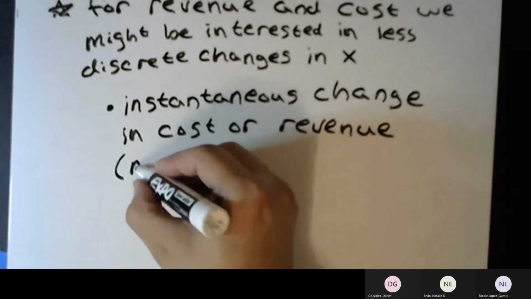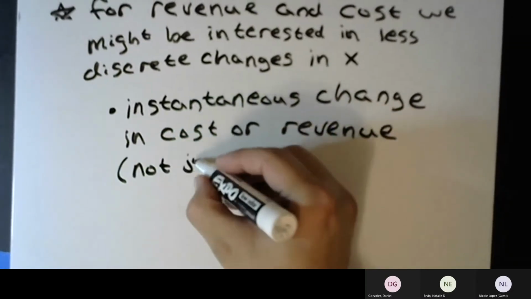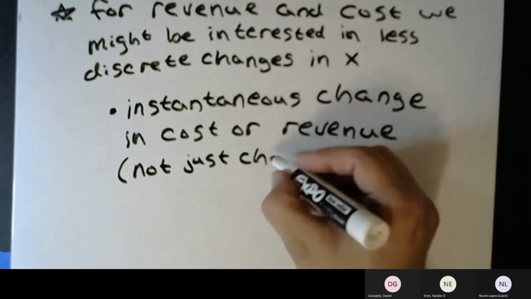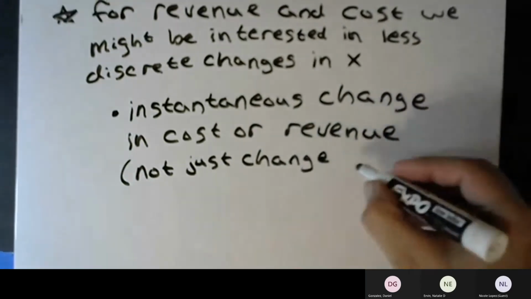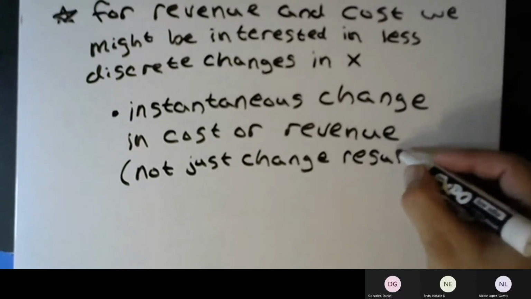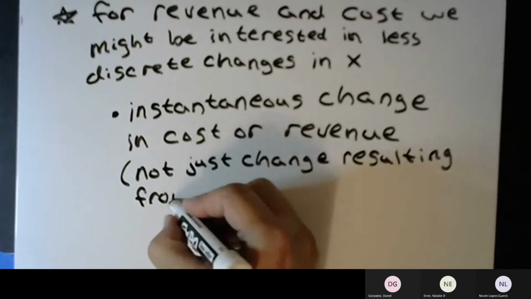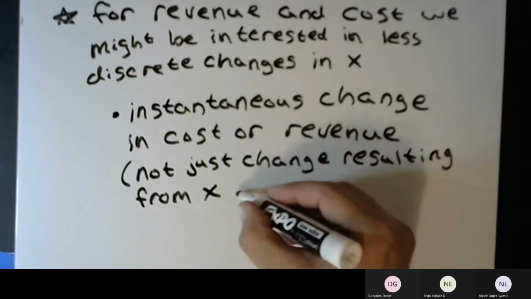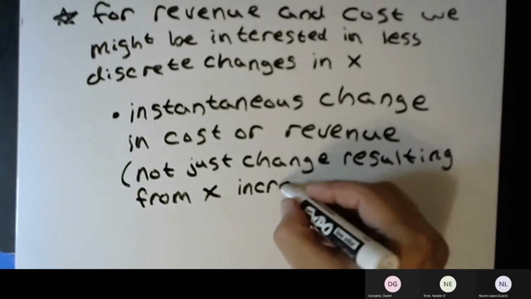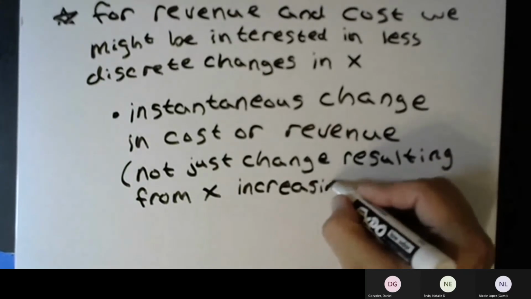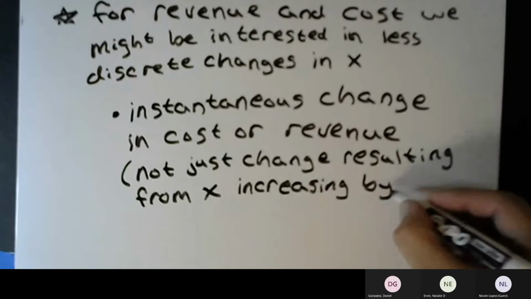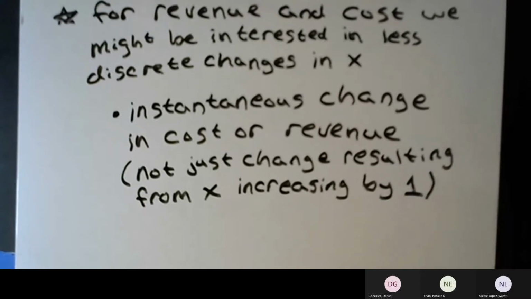Put it another way, not just the change resulting from X increasing by 1. So this is going to bring in our derivative.